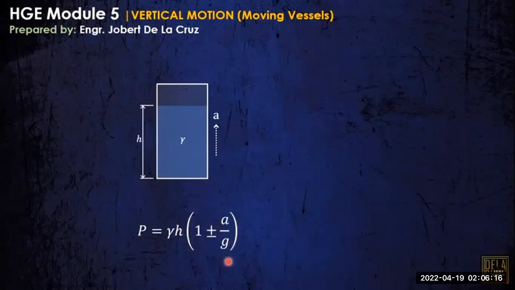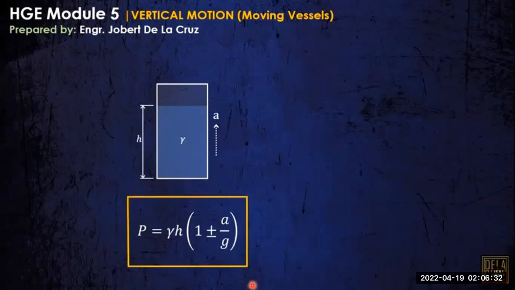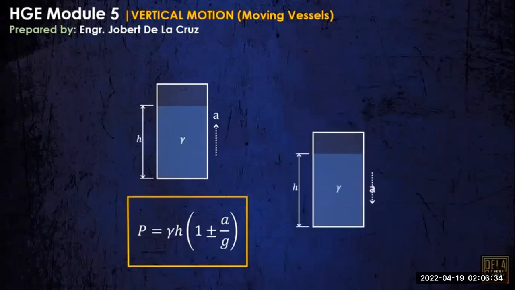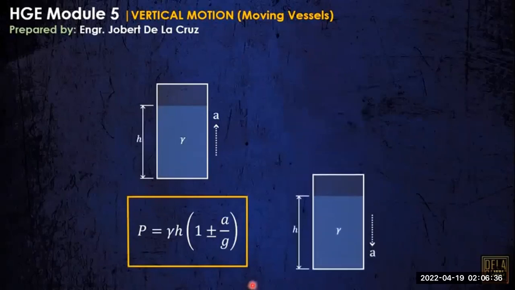And again, these formulas are derived from the reverse effective force because we are all after here to the pressure induced or the increase in pressure because of the movement. Okay? Now, pwede rin if this body is moving downward, and that would give us the same formula lang, this one.